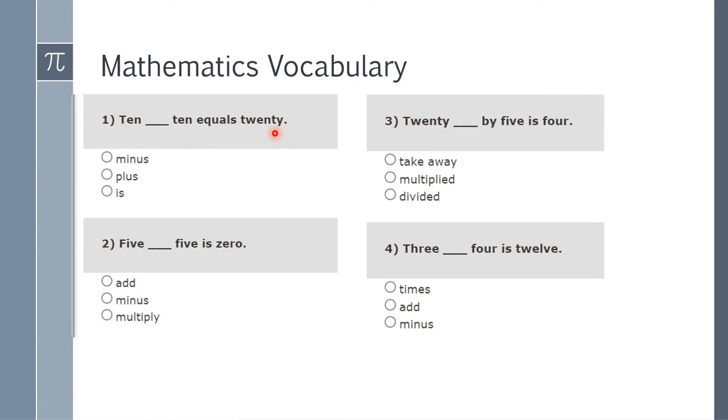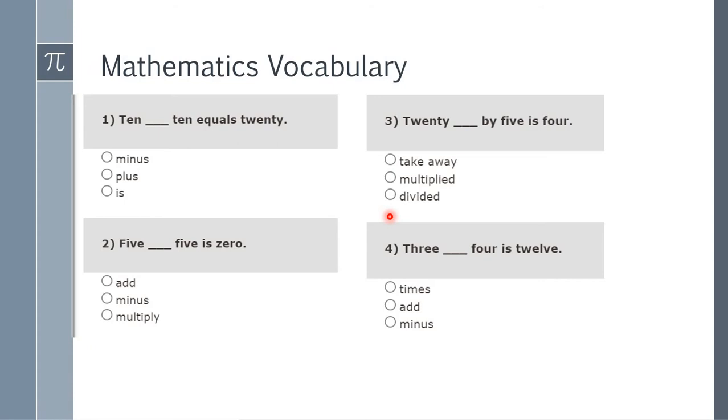Let's try to see here. 10 blank 10 equals 20. What do you think would be our answer? That would be 10 plus 10 equals 20. Number 2: 5 blank 5 is 0. Would it be add, minus, or multiply? 5 minus 5 is 0. Next, 20 blank by 5 is 4.